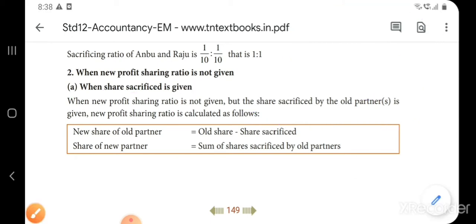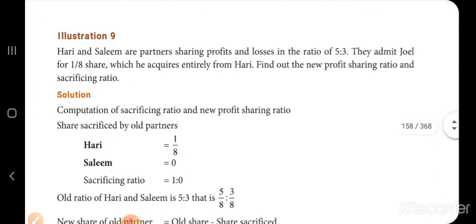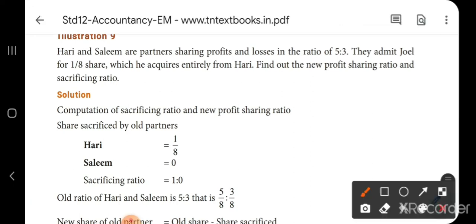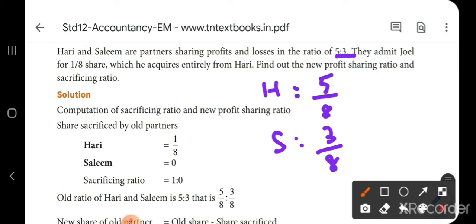Now, work out illustration 9. Hari and Salim are partners sharing profits and the loss in the ratio of 5:3. That means Hari's share is 5 by 8, 5 plus 3, 8. Okay. And Salim's share is 3 by 8. This is the old share of Hari and Salim. Okay.